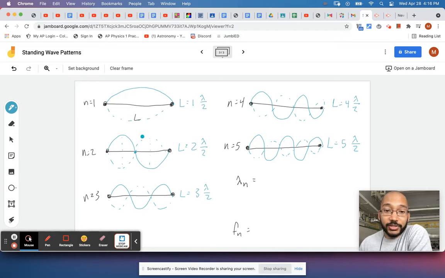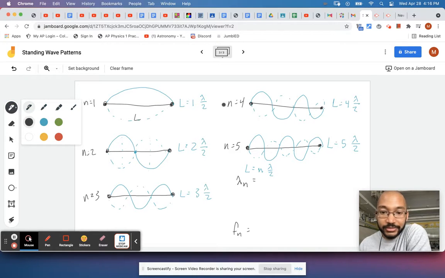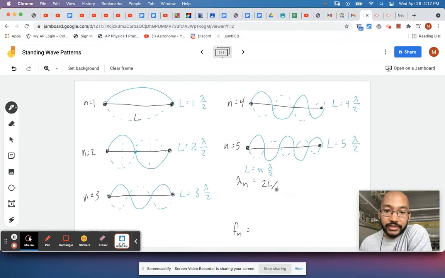So if I was to write this equation in terms of n, do you see what the equation is? I basically replace the number of the pattern with n, so that I have L is equal to n lambda over 2. And if I rewrite this in terms of lambda, that's lambda is equal to 2L divided by n.